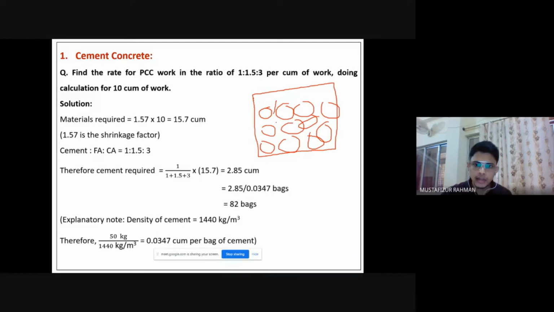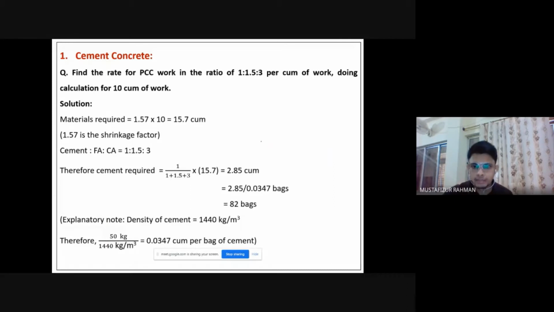And the fine aggregates will go in between these voids and fill them up. Then the fine aggregates will also have voids, and if we mix cement there, the cement will go into the voids of those fine aggregates. So what will happen? It will shrink.